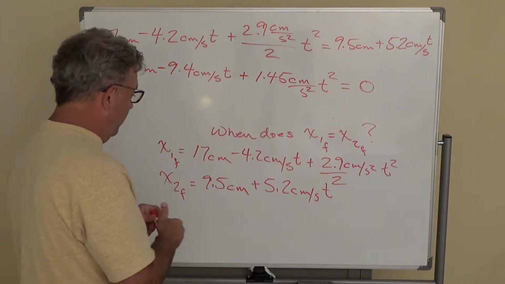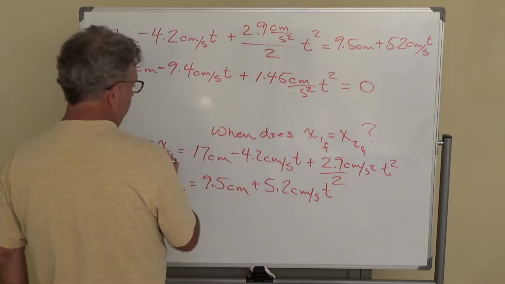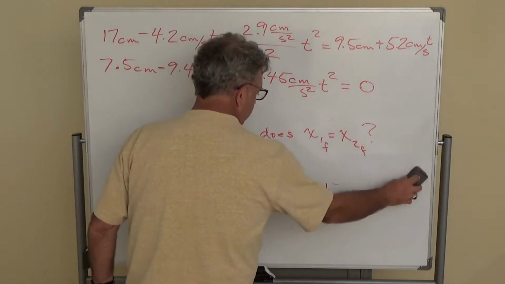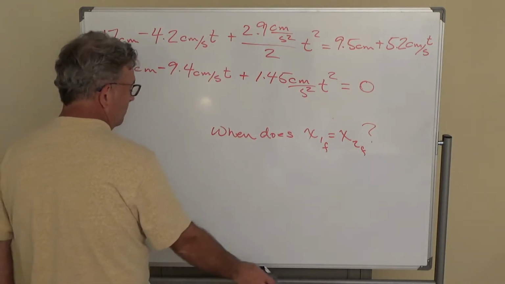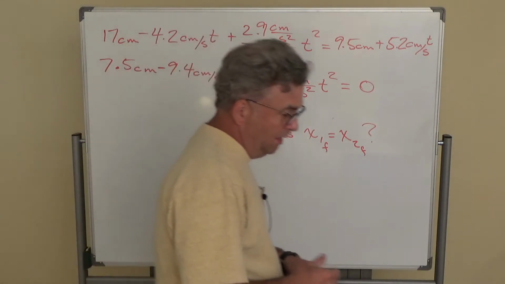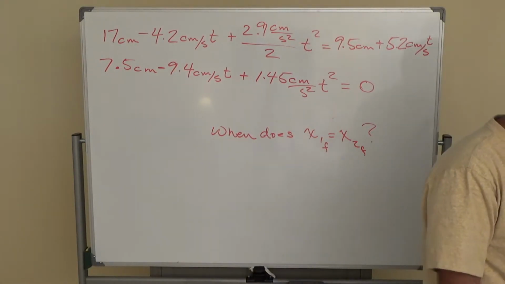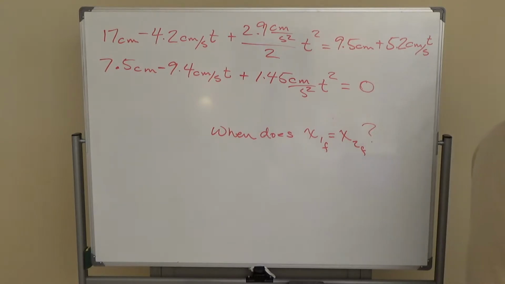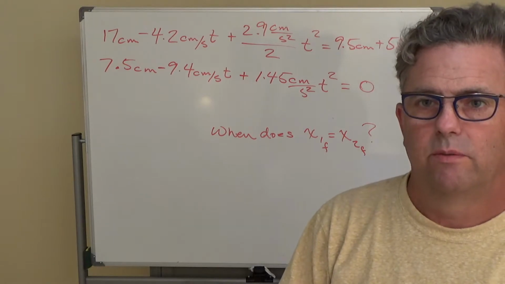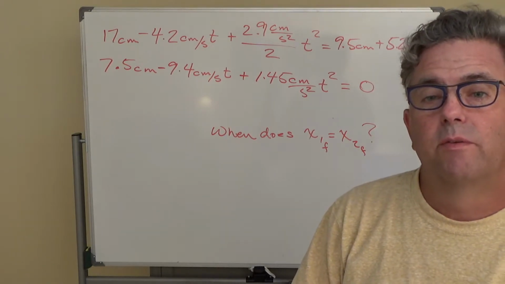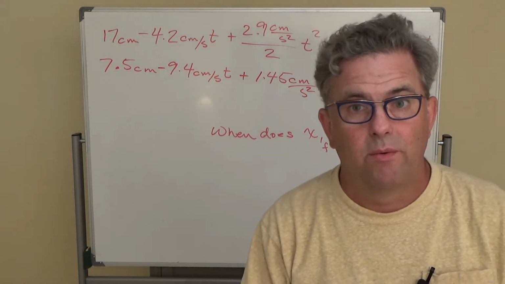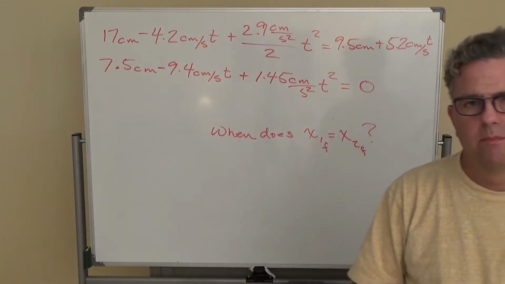Put that into your calculator and solve. What do you get? It's pretty much the quadratic formula. It is the quadratic formula, you're right. Well, it's a second order polynomial equation, so solve it with your calculator or the quadratic formula, however you want to do it.